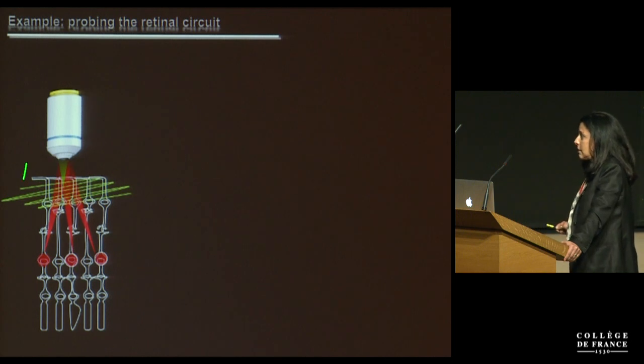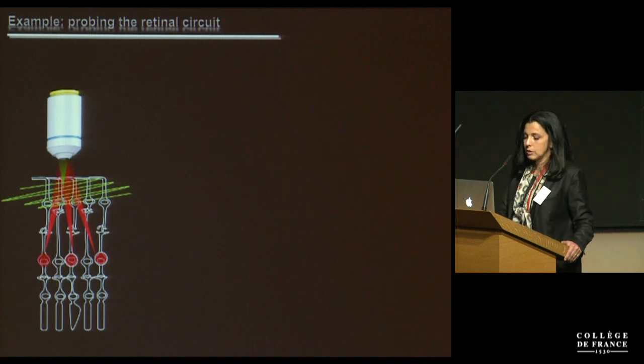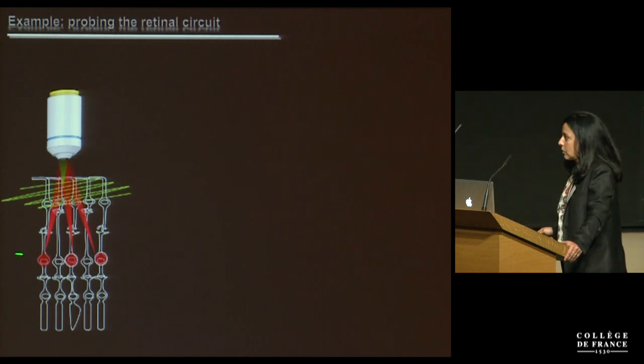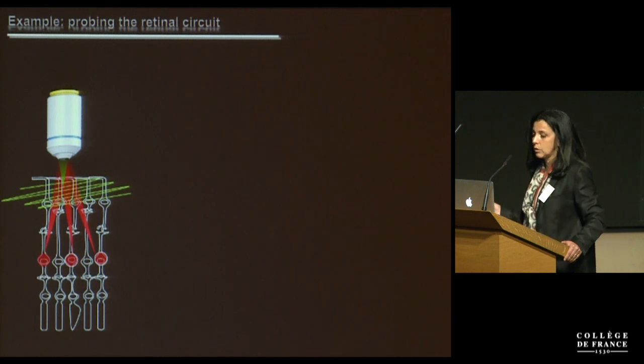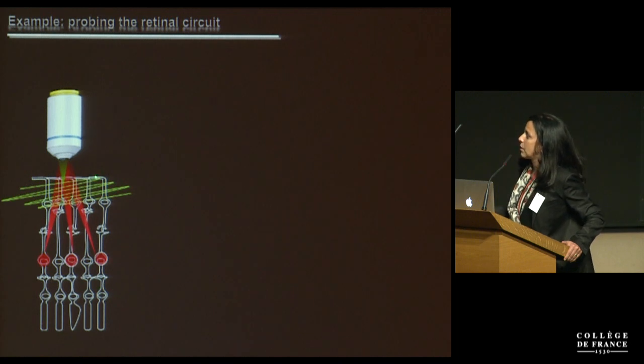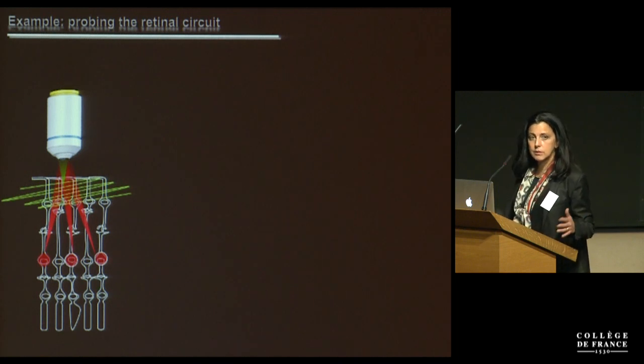The idea is schematized here. You have the imaging path, which is always going through the objective and is always focused at the objective focal plane, but you have complete freedom over where you do your photostimulation pattern. And so the idea was to select a certain activity pattern there and simultaneously look at the ganglion cell layer and see what was happening there. Those two layers may be separated by a distance between 30 and 100 micrometers.